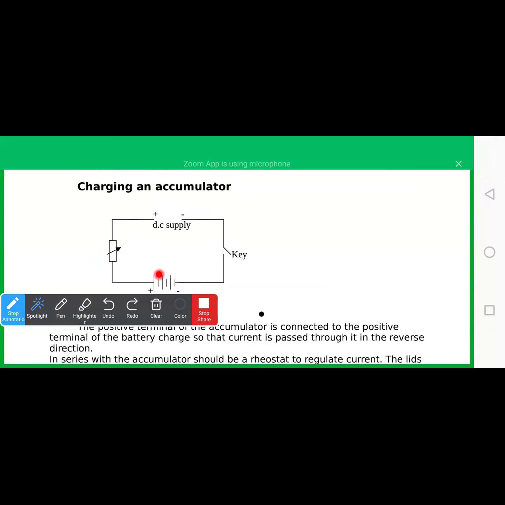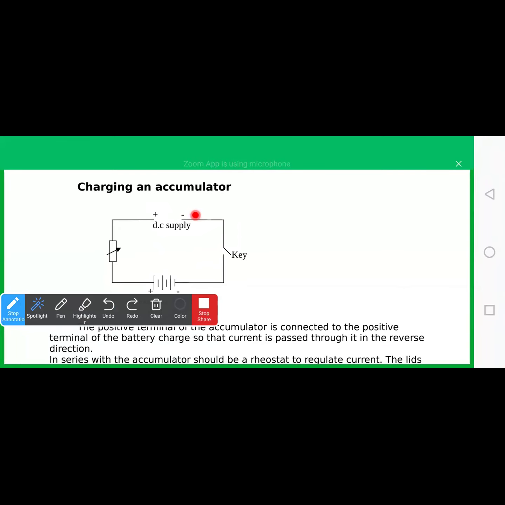So the side that is connected to the positive terminal gains more positive charges, when there is loss in negative charges. Let me repeat this.